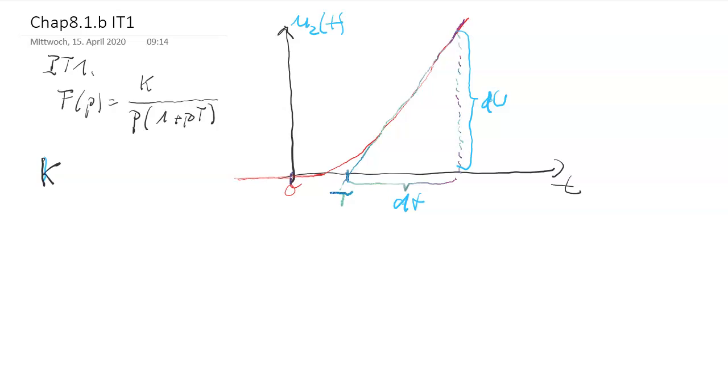K is nothing else than du divided by dt, but don't forget we have not the unit step response, we have the step response with input amplitude u sub 0, so we have to divide the gradient by this amplitude to get the K factor of the IT1. And the T is just without any additional declaration.